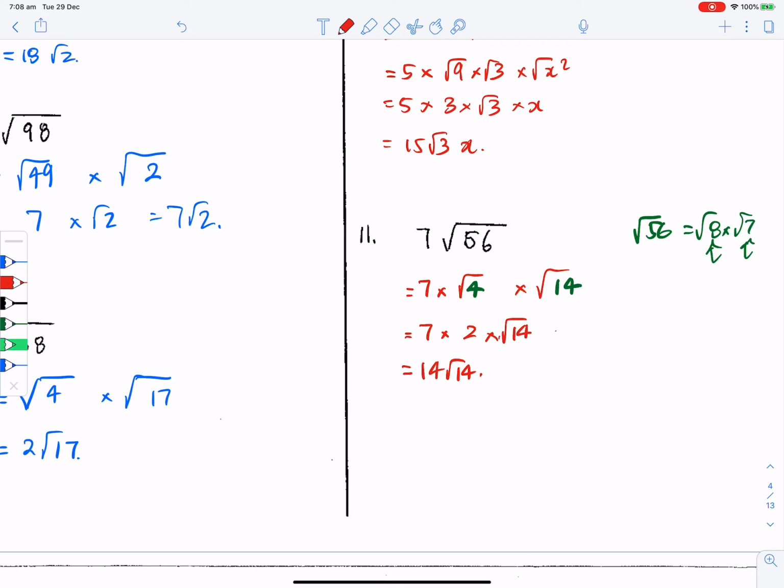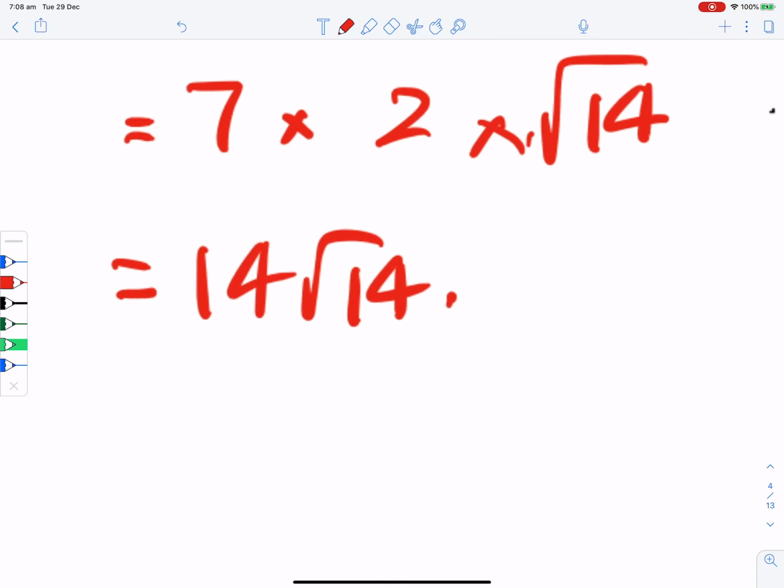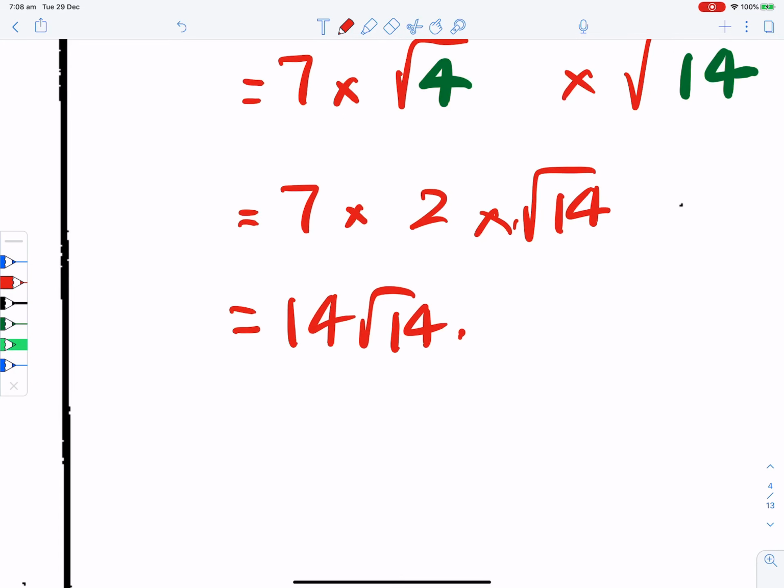If you go back to the beginning of the book, I asked, how do you know that a surd has been completely simplified? Well, you should always look at your answer and ask yourself, can this be broken down anymore? Are there any numbers that multiply to give 14 where one of them is a perfect square?